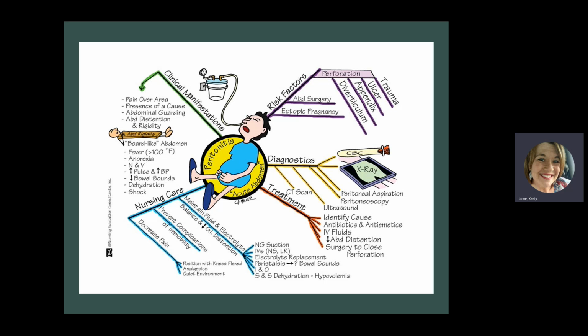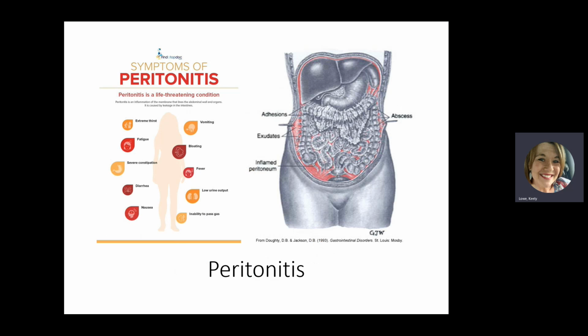And we talked about they may go in there and do a gastric lavage, wash that out. They may have to do surgery to the area that's ruptured, or to repair the appendix or whatever has leaked out into the peritoneum. All right, symptoms we talked about. It's life-threatening.